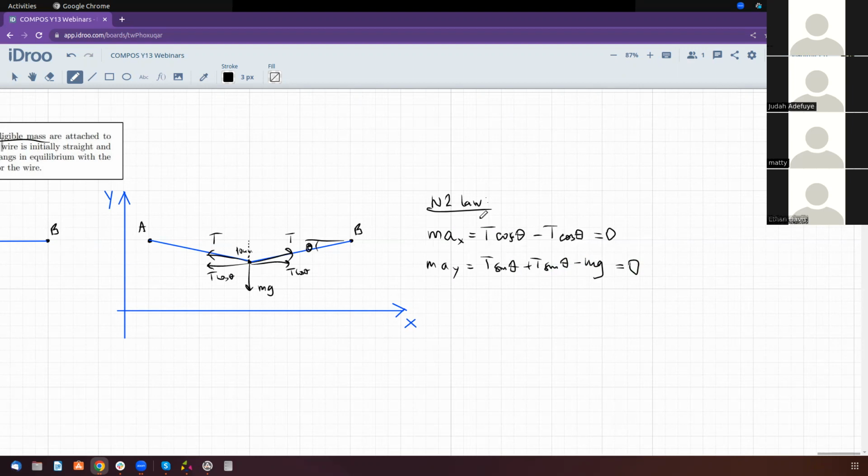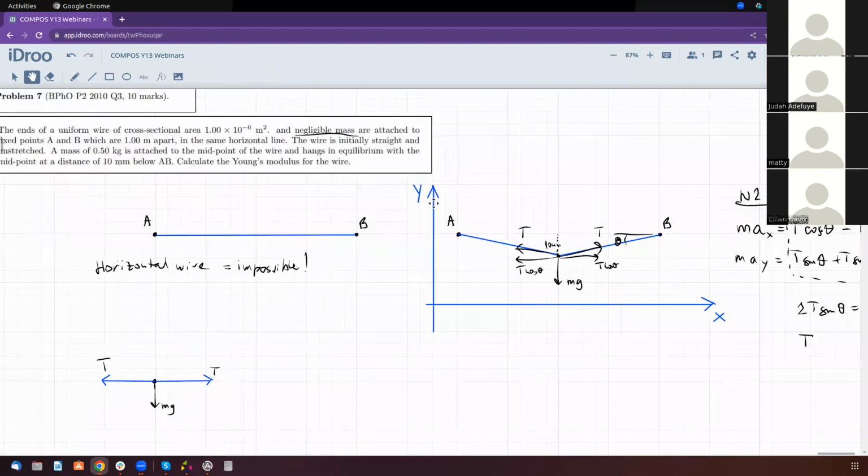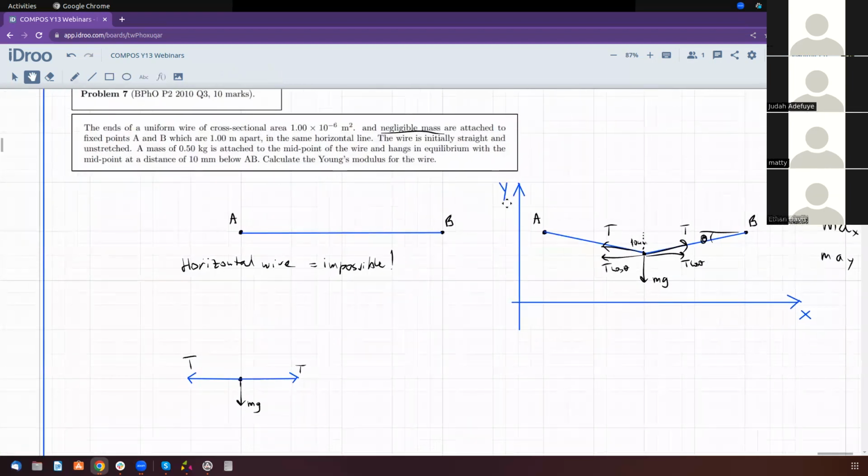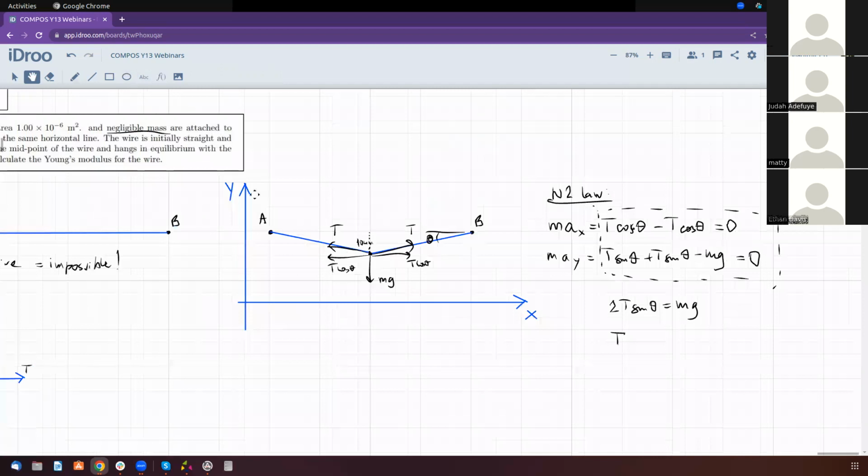So basically we have two equations. Well, we don't need the first one. Realistically, we only need the second: 2T sin theta equals mg. And what are we looking for? T. Oh, we need the Young's modulus. Well, to find the Young's modulus, we need T, of course.